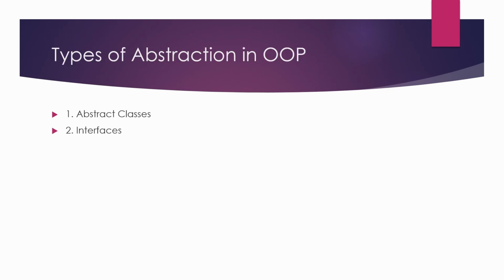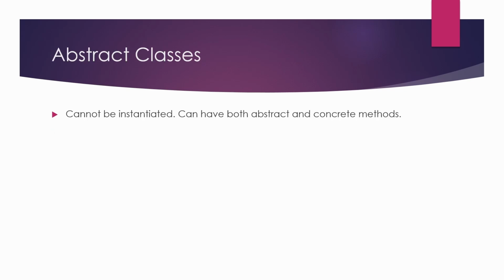In object-oriented programming, there are two main types of abstraction: abstract classes and interfaces. Let's understand both in detail. An abstract class is a class that cannot be instantiated on its own.